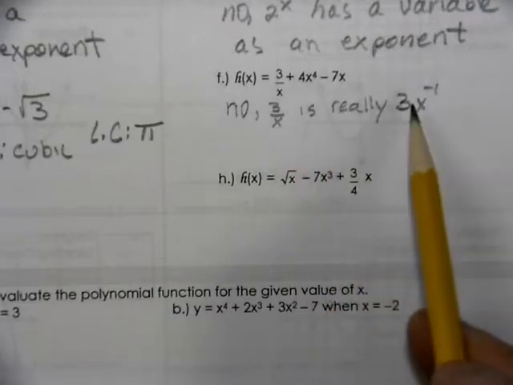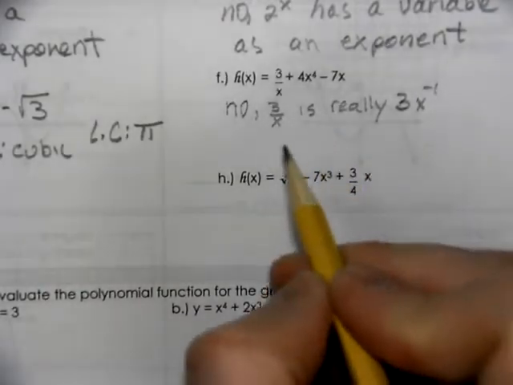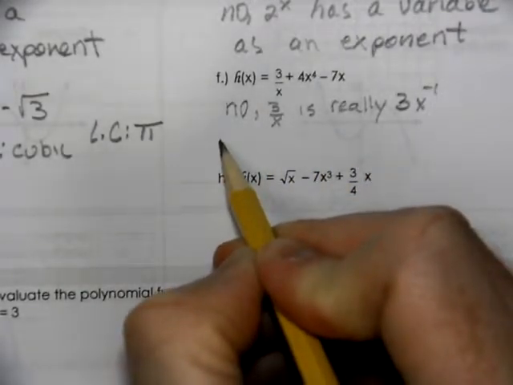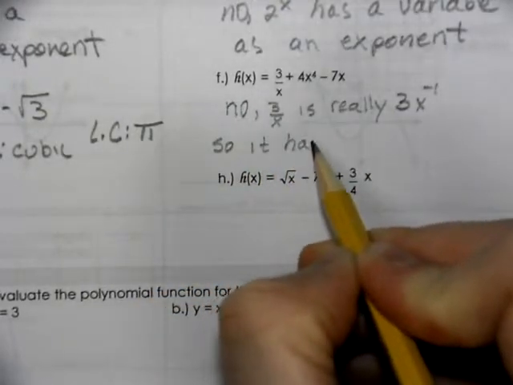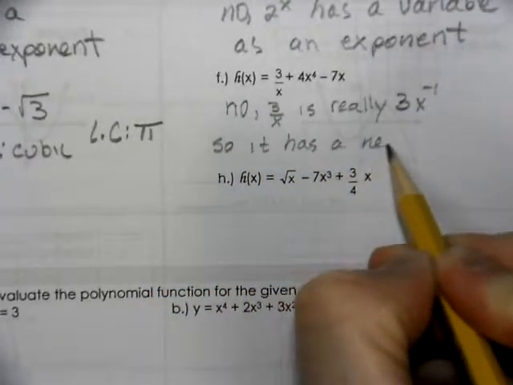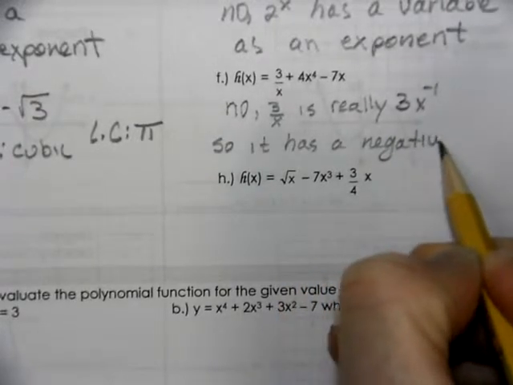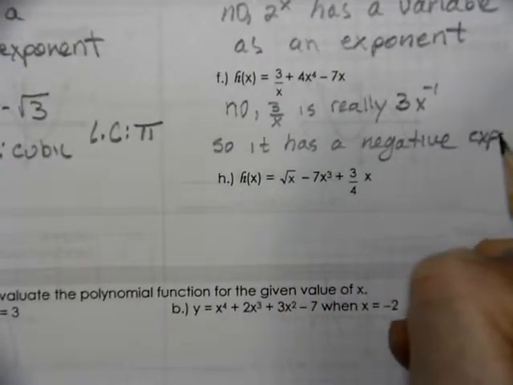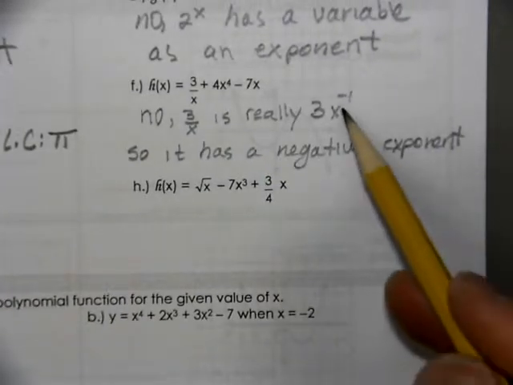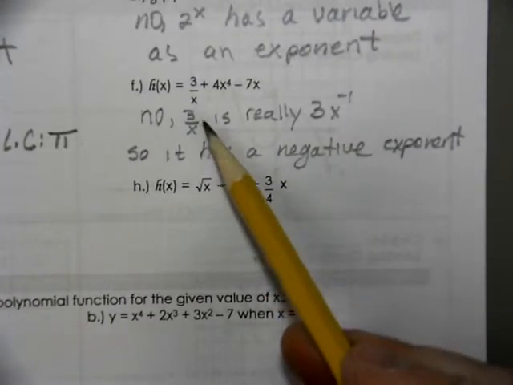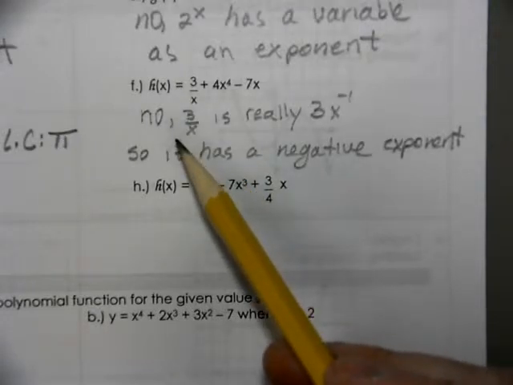They're the exact same thing. So my argument here is that it has a negative exponent, or you could just say that it has a variable in the denominator.